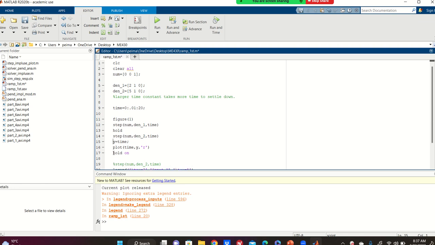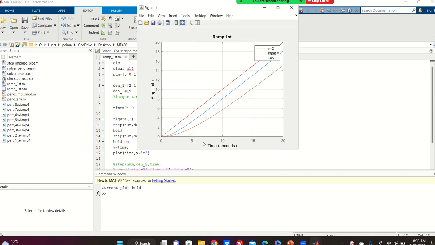Let me put it here. Now, then the time. Why doesn't it plot? Okay. Yeah, there we go. You see that I increased the time constant to 5, you have more error signal.